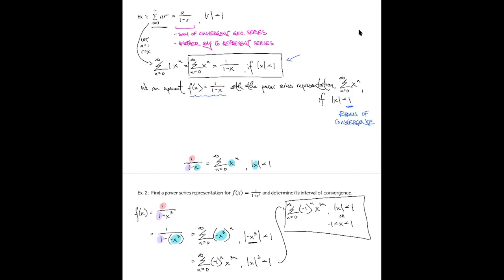You're welcome. And to that point, I think every textbook and every instructor is a little different. Some people might be fine if you just say my interval of convergence is absolute value of x is less than 1. That's the same thing as saying between -1 and 1. So either version is totally fine.